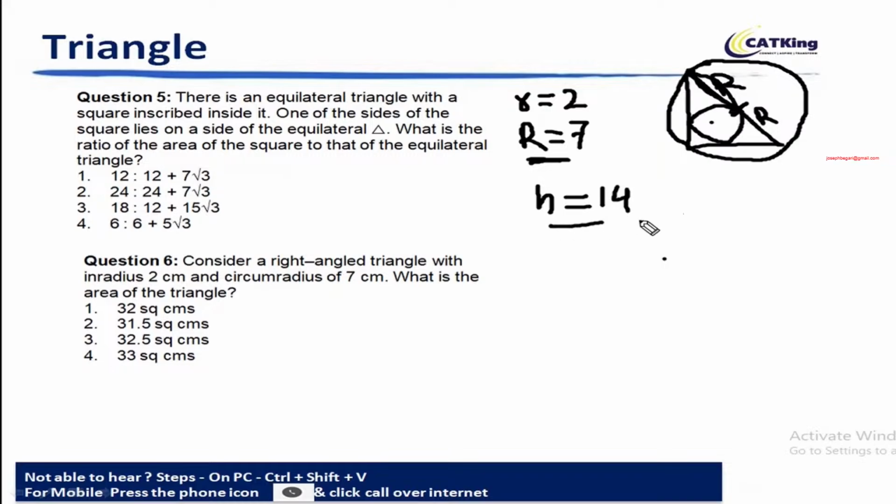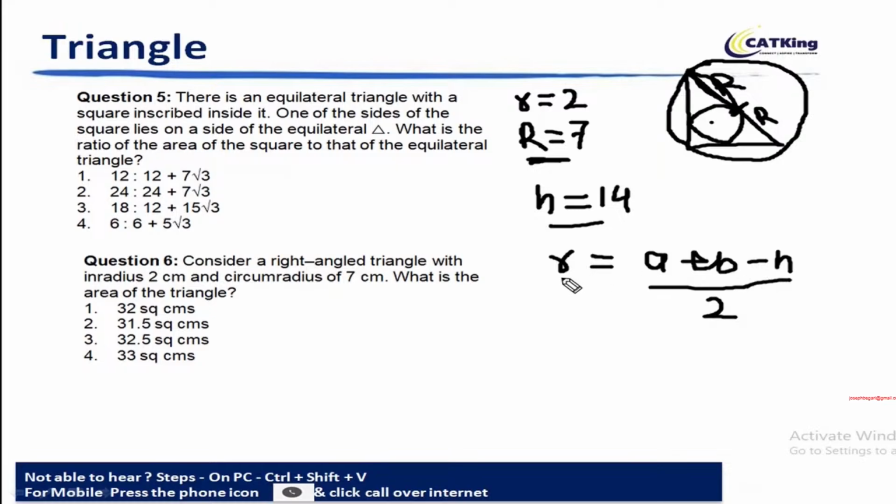Hypotenuse will be 14, and there is also a very important formula for finding out the inradius when you already know all the sides of a right angle triangle. So that formula is a plus b minus h upon 2 will give you the inradius.